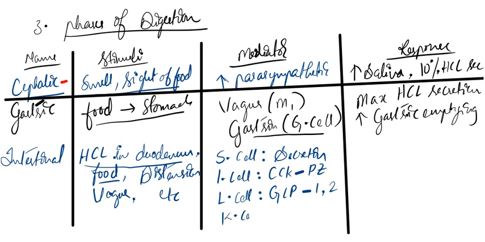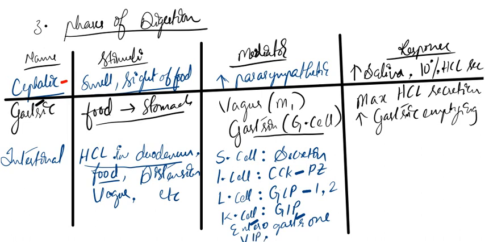The K cell produces GIP, gastrointestinal peptide, and also some hormones like enterogastrone, and some other hormones like VIP. What is this?